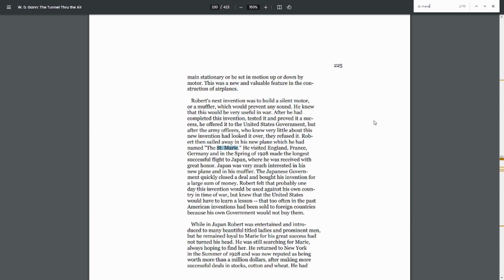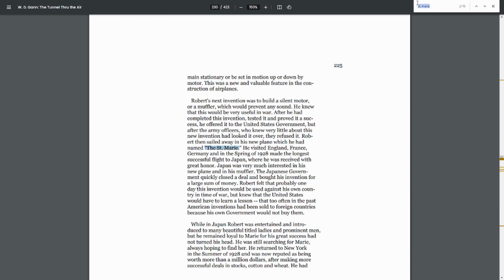Robert then sailed away in his new plane, which he had named the Saint Mary. This is a plane like Tokyo G1. These transportations are important. This is the second CR cycle, and it appears at page 225. At this page, this is where you can find this cycle firstly.